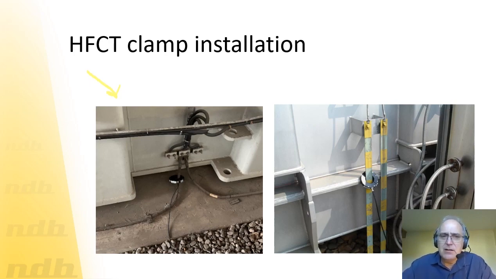And something important here, we have an optional 20 millimeters inside opening, and for the majority of transformers we do recommend using the 60 millimeters opening clamp. This is what you are seeing on the picture. The black one is the 60 millimeters.